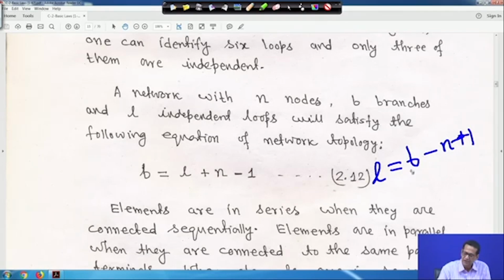That means if you know the number of branches and the number of nodes, then you can easily find out how many independent loops there will be.